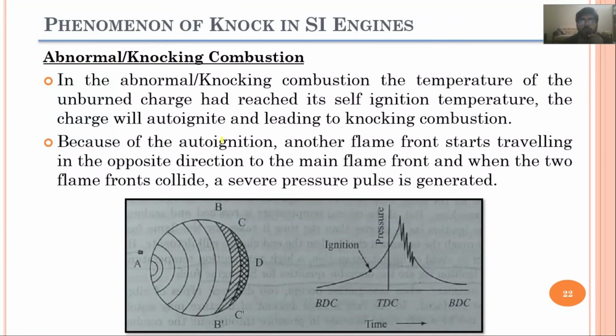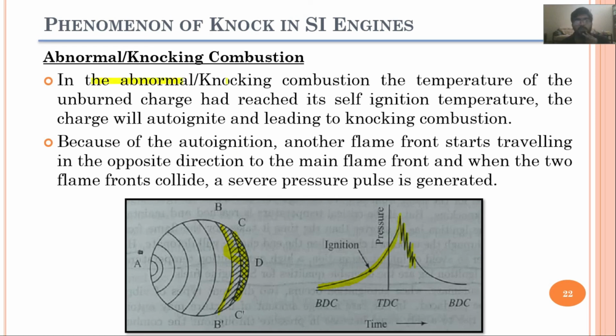But when we are talking about abnormal combustion or knocking, let's say this is the layer in which the normal combustion is occurring, but in the second layer the temperature has exceeded the self-ignition temperature because of the compression and the heat transfer from the first layer, and another flame has been produced in this layer. So knocking will occur at this point, and here you can see that we have pressure pulses almost at the end of the combustion stroke.